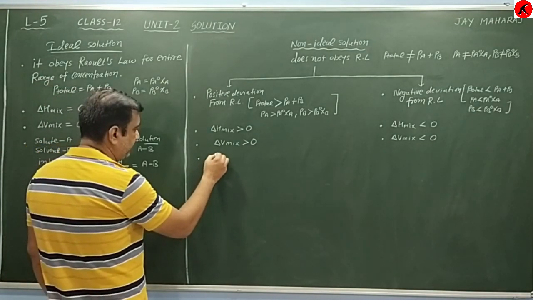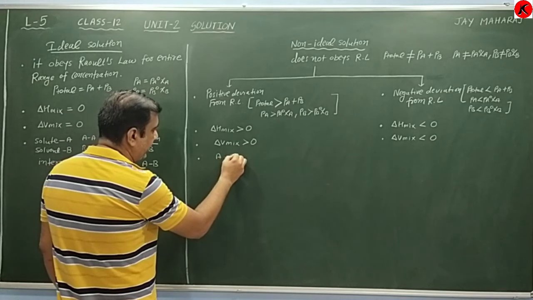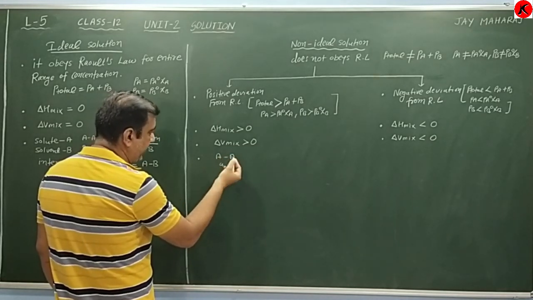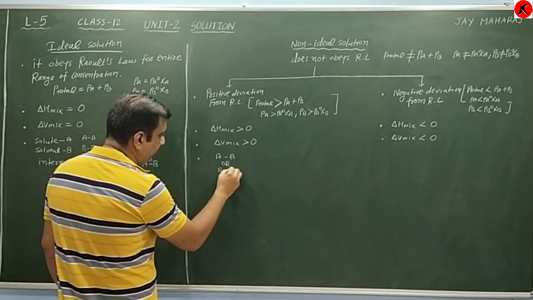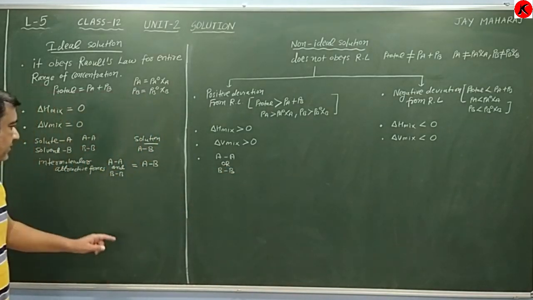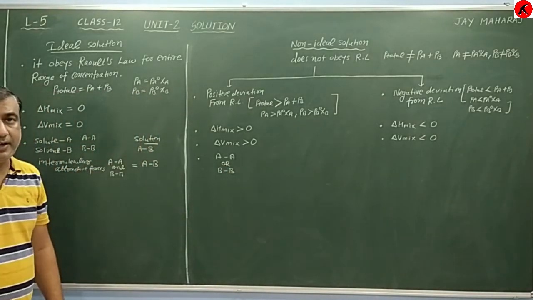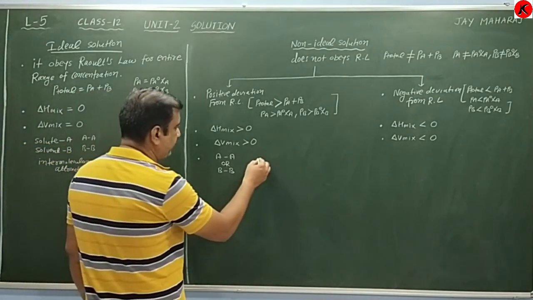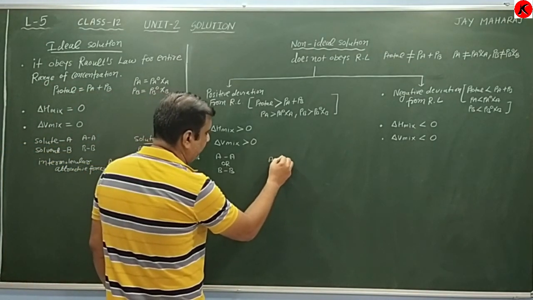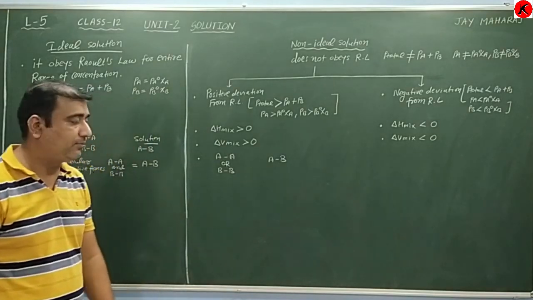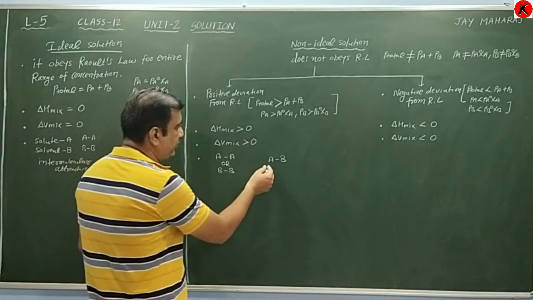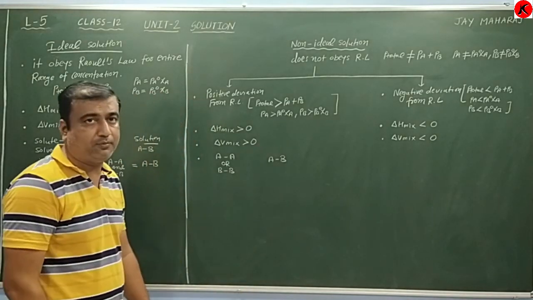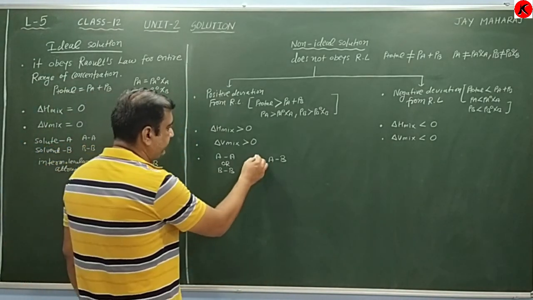That means here AA and BB, between solute and solvent molecules. That means in solution, this new intermolecular attractive force will be less.